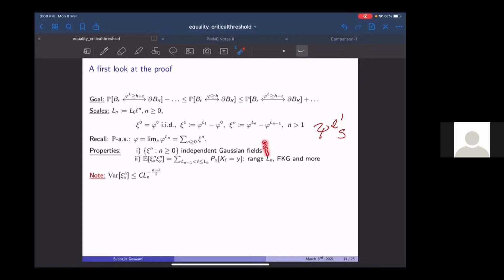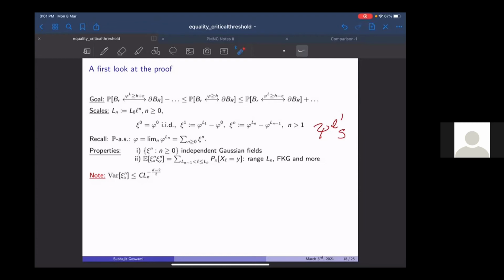So we have independent Gaussian fields, and what is the nature of the covariance between these fields? Well, the covariance between Zxn and Zyn is basically the sum of the transition probabilities between scales Ln minus 1 and Ln. In particular, they vanish as soon as the 2 points are further than Ln apart, right?